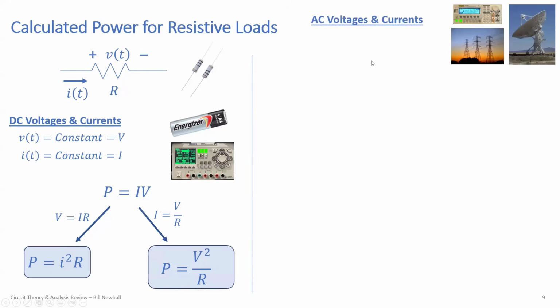For AC voltages and currents, as an example, if you had an antenna that acts like a 50 ohm resistor and you're trying to transmit signals, that's going to be an AC voltage, AC current. We'd express that voltage and current as sinusoids. So we have some peak value of voltage, a frequency, and a phase.